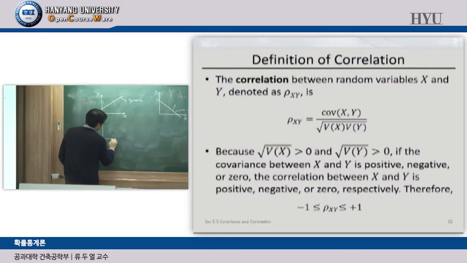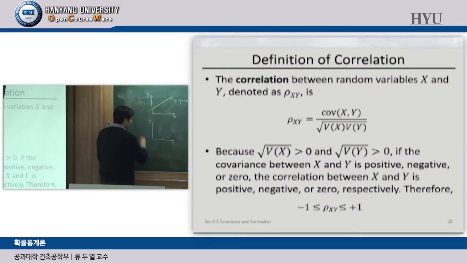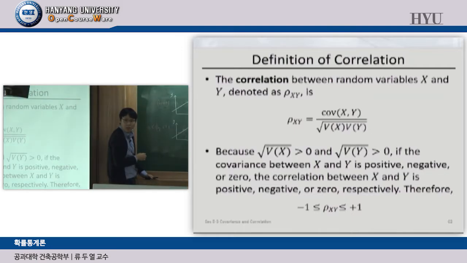And what about this case? If the data points are placed near the straight line, in this case, the rho xy is between +1 and 0. Okay?